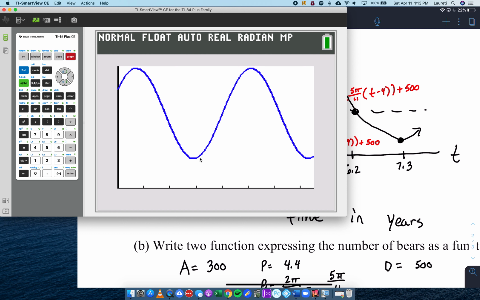So we started right over here. This is one cycle. We're starting at the bottom and we went up, and then we were going back down. Even though we didn't draw this other part, that's okay.